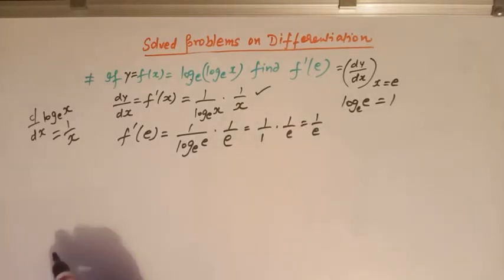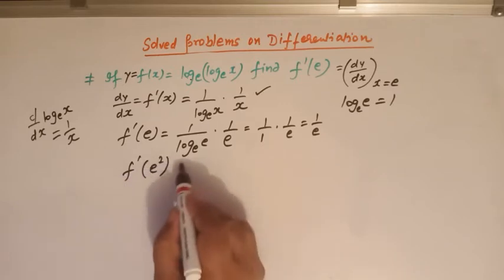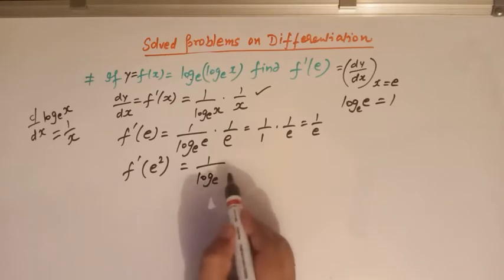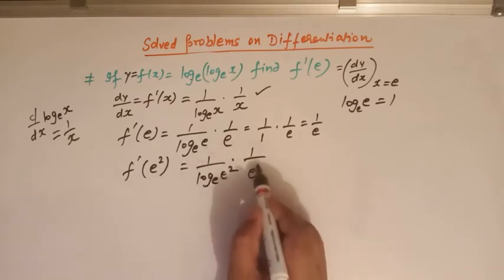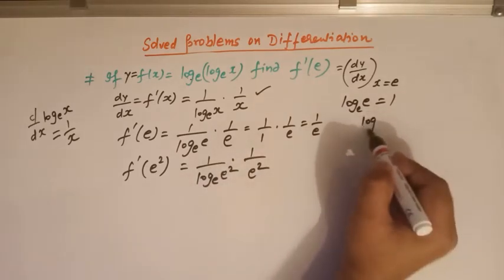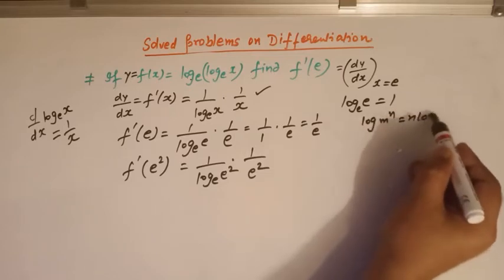Clear? Suppose we have to find the value at e square, then we'll substitute here log of e square, then we have 1 over e square. Then we apply the formula, say log m raised to n is n log m.